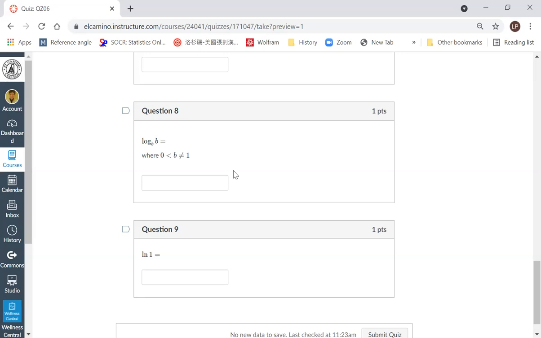The question is, you need to give the answer to log base b of b, but this phrase is to tell you what kind of value b can take: b is larger than 0 and not equal to 1. Does that make sense, Angelica?